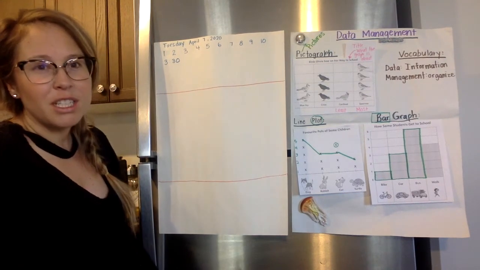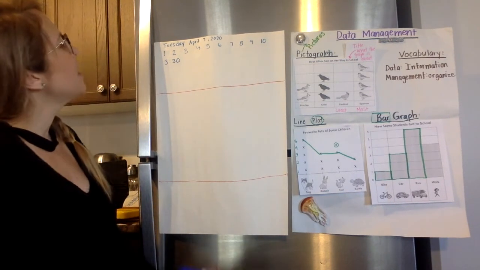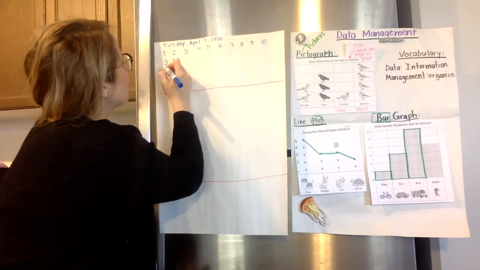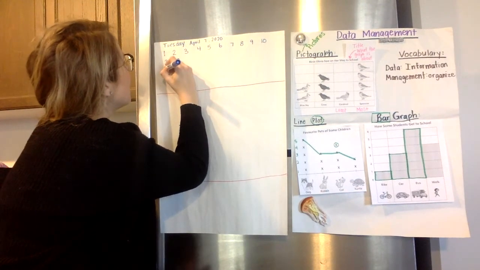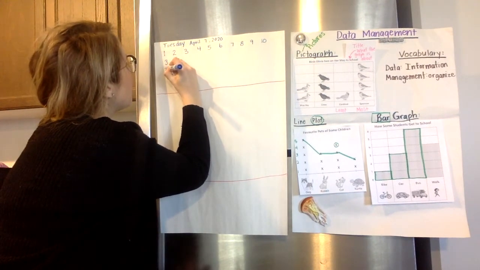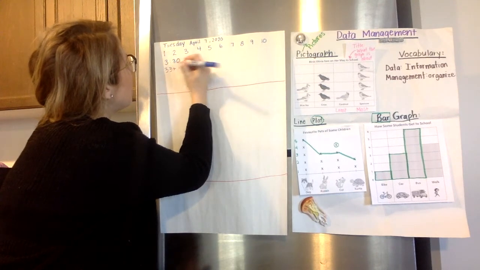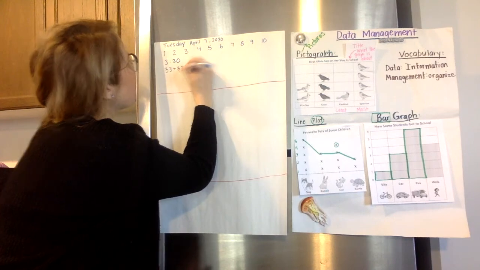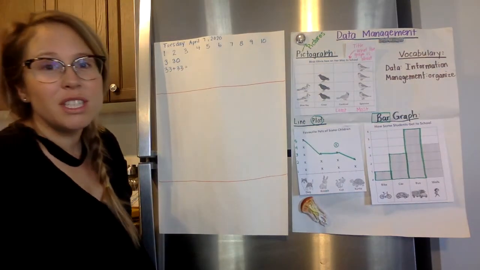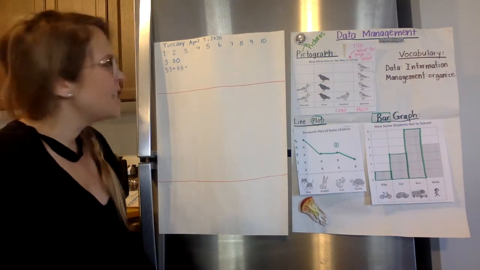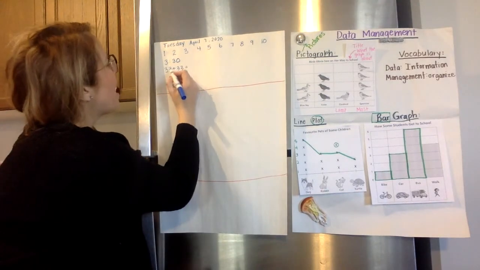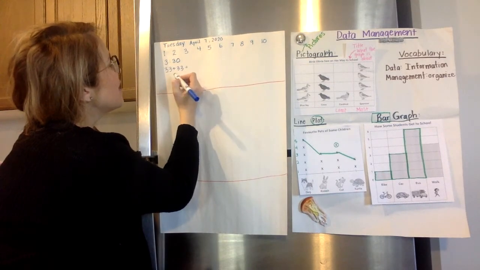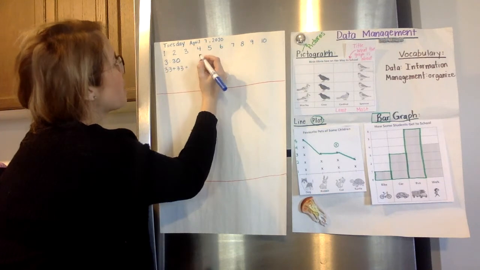My next part is to do a double digit addition. Today I'm actually going to do 33 plus 33. The strategy I'm going to use today to solve that is doubles. I know right off the bat that 3 and 3 is 6, which is actually 30 plus 30.